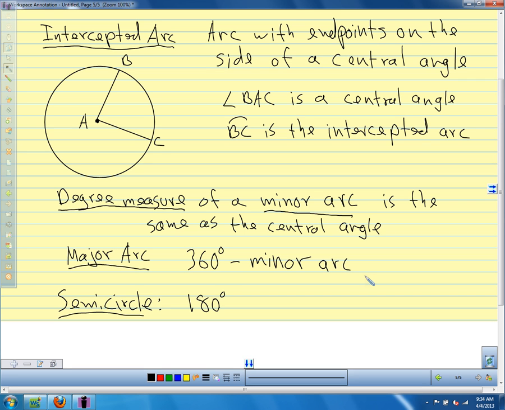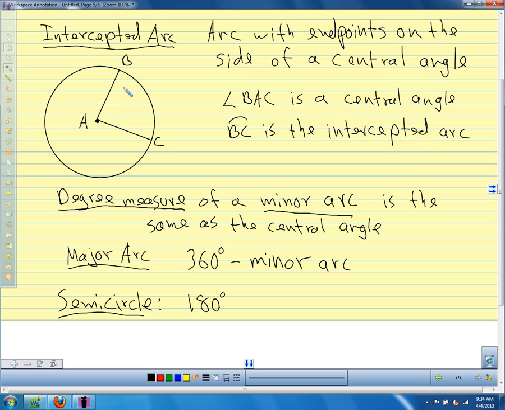So, that's kind of the way we would think about these things intuitively. The degree measure of the minor arc is the same as the degree measure of the central angle. All the angles in a circle add up to 360, so if we chop the circle up, all the arcs have to add up to 360. Questions on degree measure? All right.